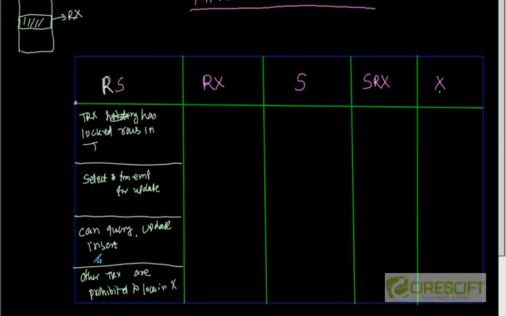So these are the four characteristics on which an RS lock will be acquired. This is when, this is allowed, and this is not allowed, and this is a short definition of that lock.